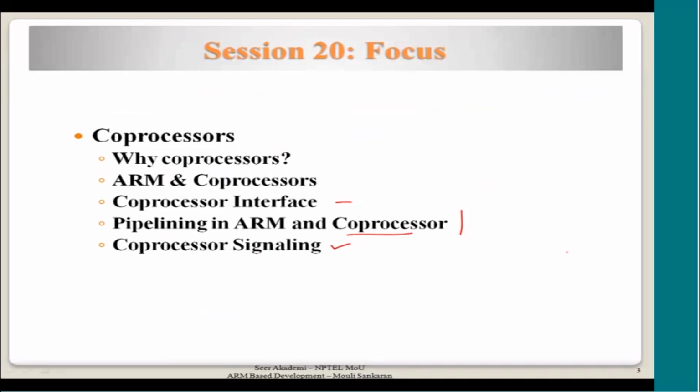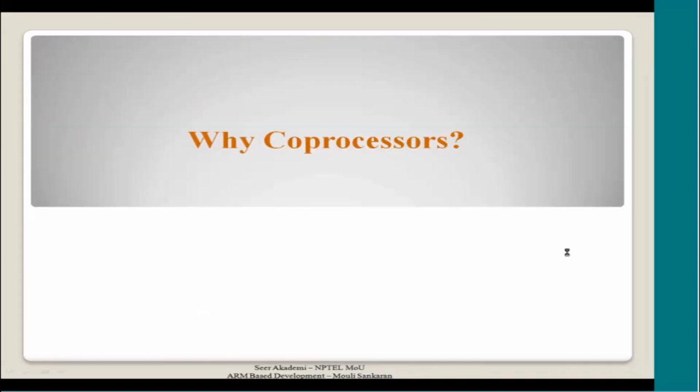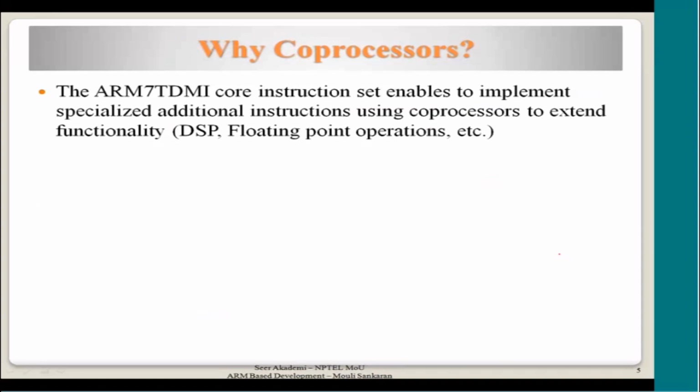Okay, I told you about why we need coprocessor. It is to enhance the functionality. Additional, specialized instructions can be added using coprocessors to extend the functionality. It could be DSP or floating point operations.